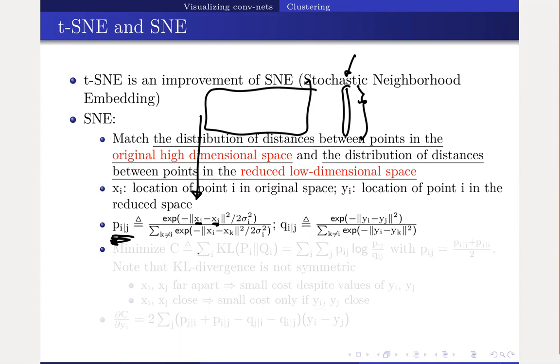And I can do the same thing in the two-dimensional space. Basically, this is the high-dimensional space, and I want to visualize it in 2D. And q here will be the two-dimensional representation.